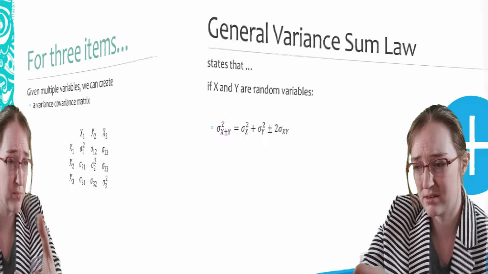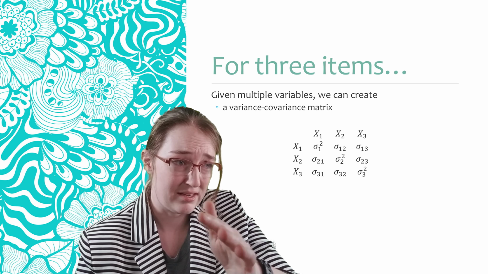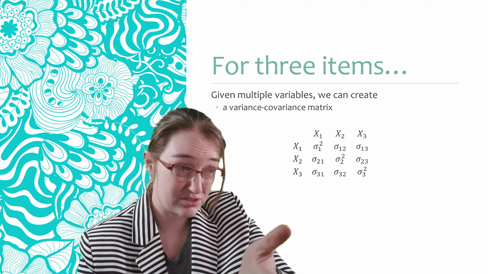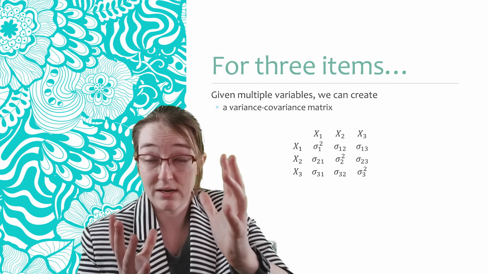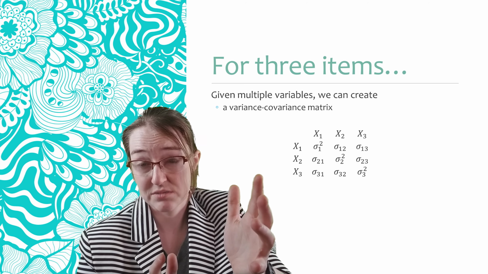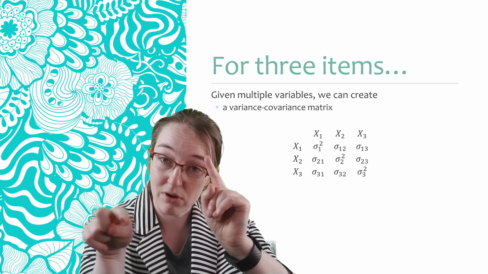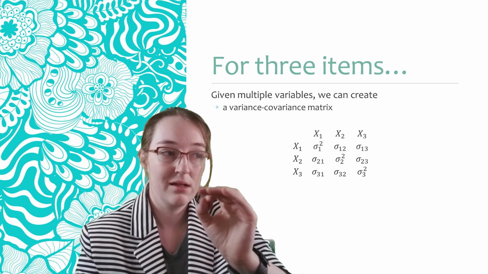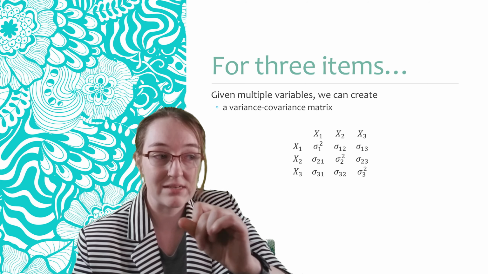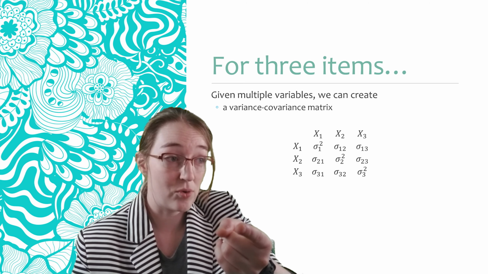So let me illustrate. If we are just looking at 3 variables, here x1, x2, and x3, we can create a really basic variance covariance matrix, which is like a correlation matrix where you show all the relationships, but it's not standardized. What that means is that on the diagonals is just the variance.